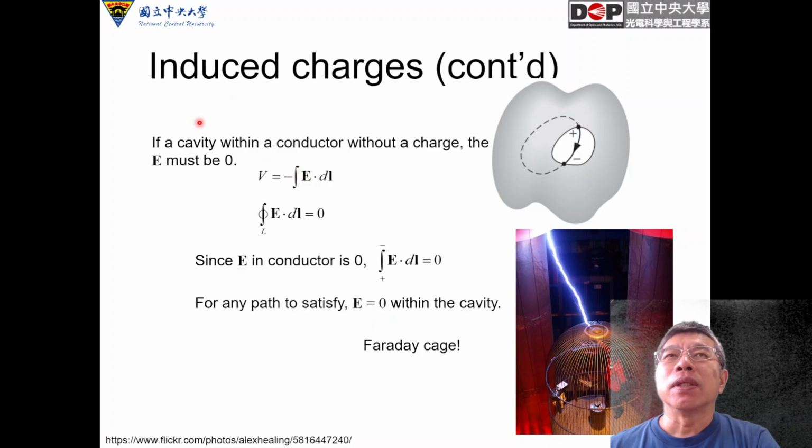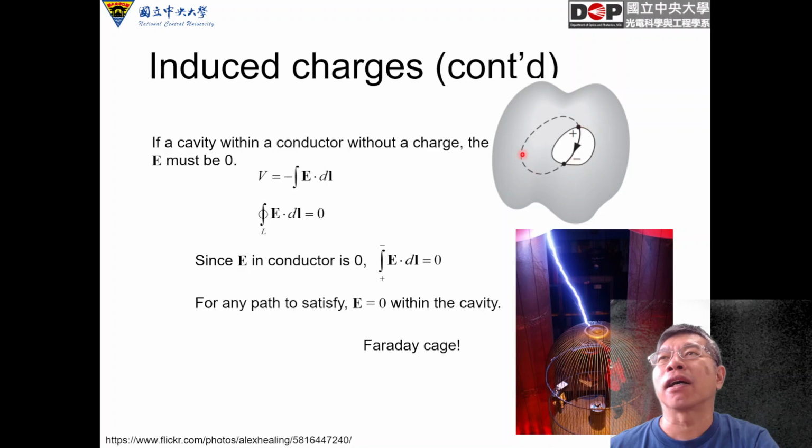Okay, so now, if there is a cavity within a conductor without a charge, the electric field must be zero. That's also the same thing, because inside the conductor it will be zero. So here we just have a loop. We have a loop going into the cavity, and the other side stays in the conductor.